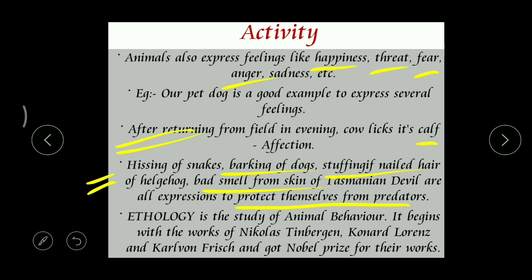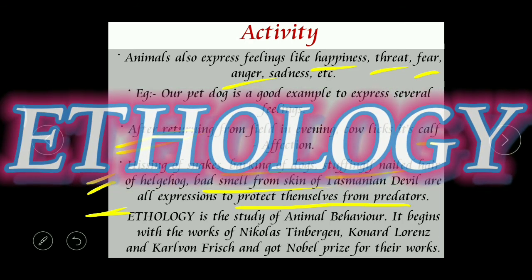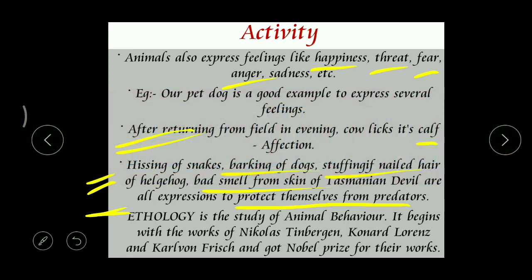And here we can find one word, ethology. What does ethology mean? This is the branch of science which studies animal behavior. And this ethology began with the studies of three scientists, that is Nikolaas Tinbergen, then Konrad Lorenz, and Karl von Frisch.